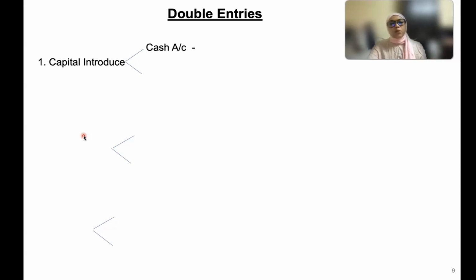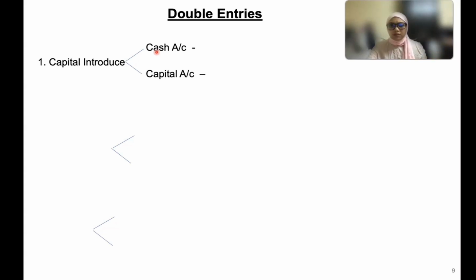Okay, so what are the other accounts we are going to open? The other account we are going to open is the capital account. Because the owner is introducing capital, so we will open a capital account. What does the business receive? The business receives cash, so that's why we open a cash account. Then we have to think which side we are going to record, debit side or credit side.